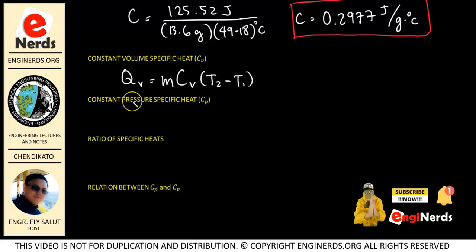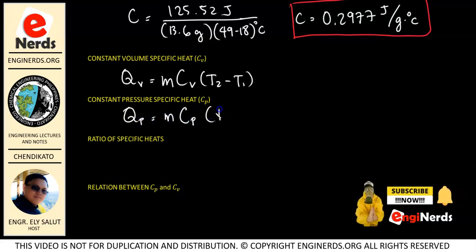And the same way, if we have constant pressure process, our Q at constant pressure is equal to MCP times T2 minus T1. Okay? So, CV is our specific heat at constant volume and CP is our specific heat at constant pressure.